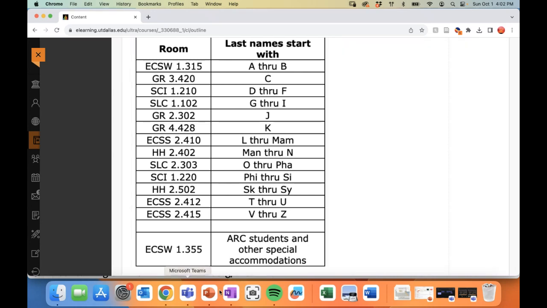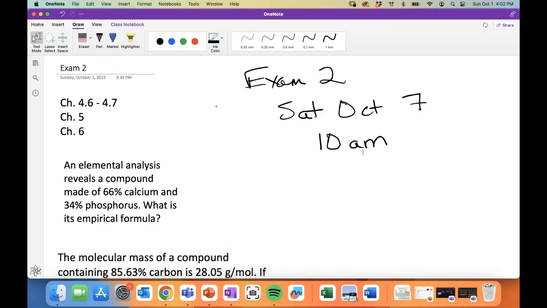So a little bit of background. As far as content goes, this is off of your syllabus. So this is chapters 4.6 to 4.7. Now, what's chapter 5 and chapter 6? It's whatever we covered in class. So there are some things in those chapters that we don't actually test on.